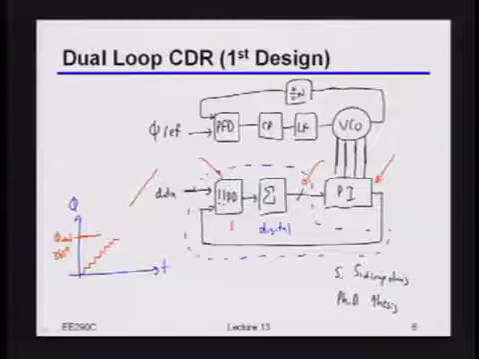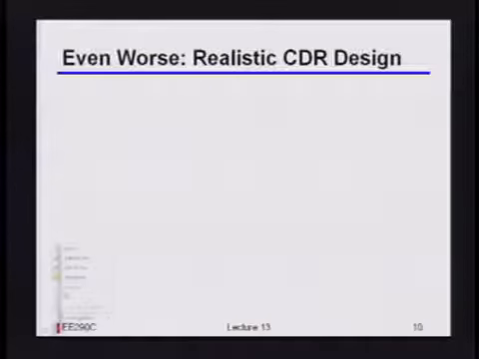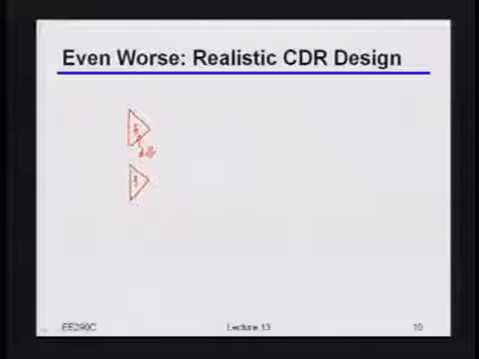So to make life even a little bit worse in terms of these trade-offs, in terms of what the loop bandwidth would be versus how fast of a ramp you can track, it turns out that typically you won't really run this thing at the full rate, but instead what you'll actually do is deserialize the data first. What I mean by deserialization is, let's say that this was my data sampler, and this is my edge sampler here, so that's my data clock, this is my edge clock.